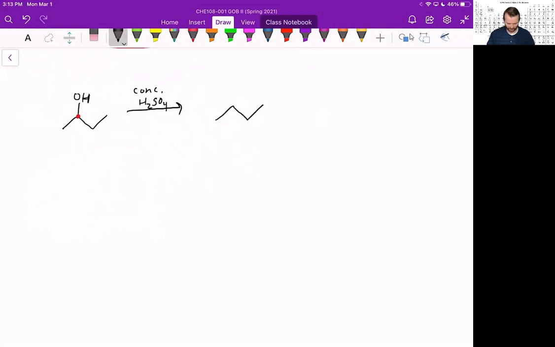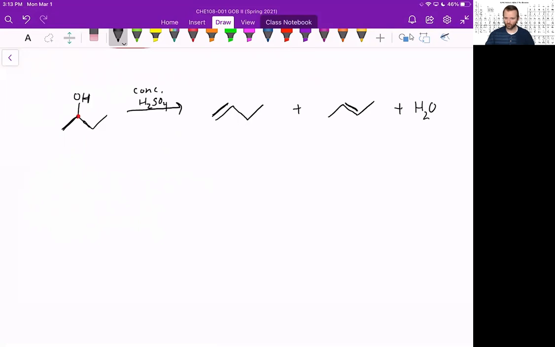You've got the double bond forming to the left, or the double bond forming to the right, plus the water that's removed from the dehydration.